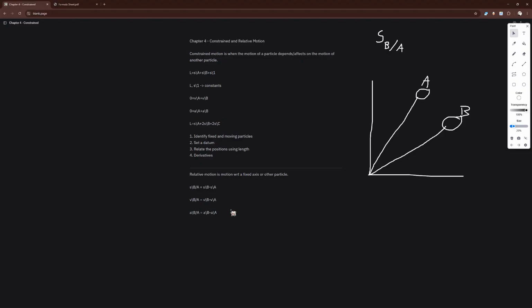So don't use this for tangential and normal. We went over that in chapter 3. Don't use relative motion for tangential and normal. Unless I'm mixing up a concept, I'm like 99% sure that is okay.